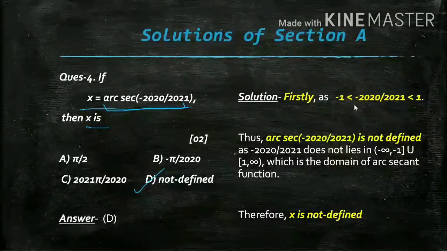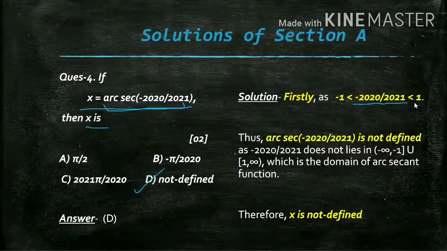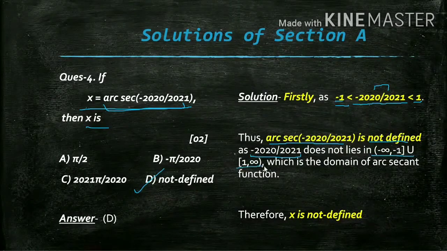Now, this minus 2020 by 2021 is basically greater than minus 1, because whenever the numerator is less than the denominator, the value would be less than 1 in magnitude. So arc sec of minus 2020 by 2021 is not defined, because the number at which I am finding this inverse does not lie in the domain required for the arc secant function.